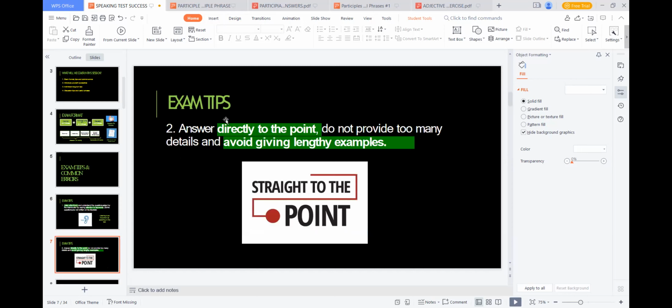And then tip number 2, can you read this part? Answer directly to the point. Do not provide too many details and avoid giving lengthy examples. Lengthy examples, meaning giving long examples so much so that those points are not related to the topic.